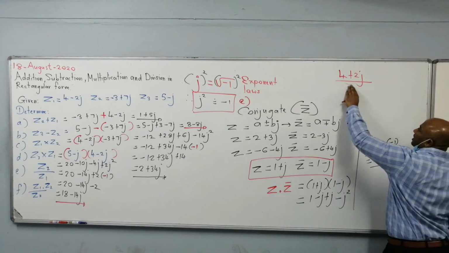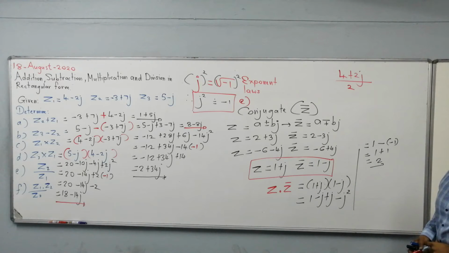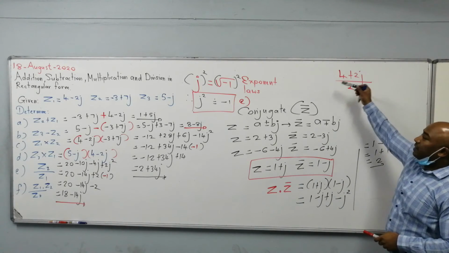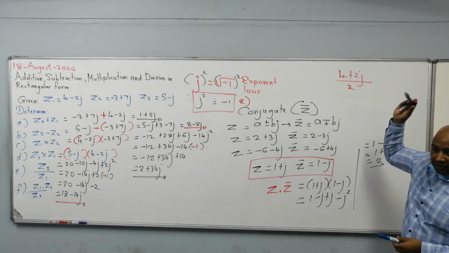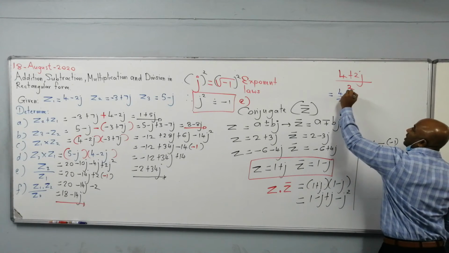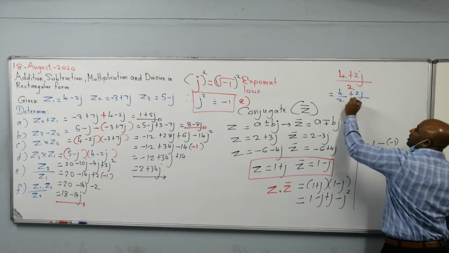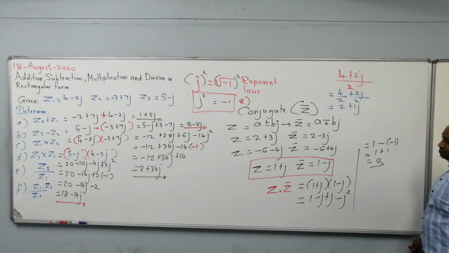Okay, let me not put 3 there, let's put it as 2. We can take the complex number and divide it by the real number, because remember we did this when we were solving quadratic equations. So that will be 4 divided by 2 plus 2j divided by 2. So that's going to be 2 plus 1j.